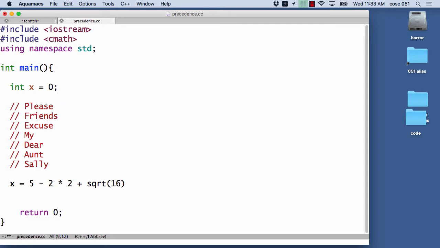P, what is P? Parentheses go first. F, functions. E, exponent. Do we have exponent in C++? No, we don't. Exponent is a function in C++. I just listed it here because it makes the mnemonic easier. If you ever work in other computer languages, they might have an exponent operator, and then you'll know. M, D, A, S.